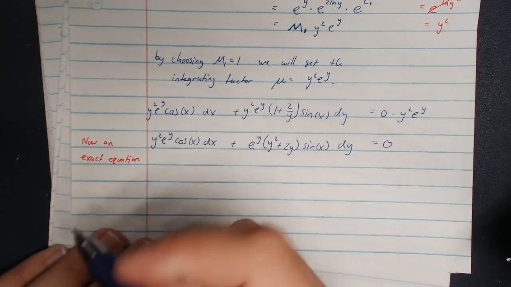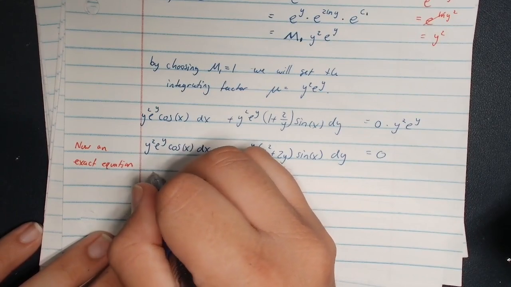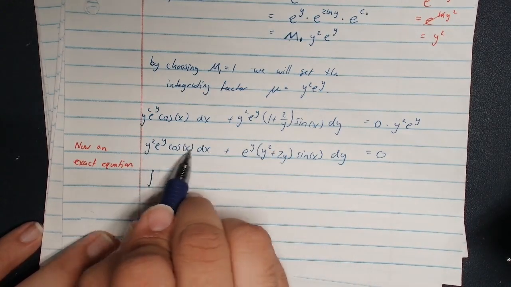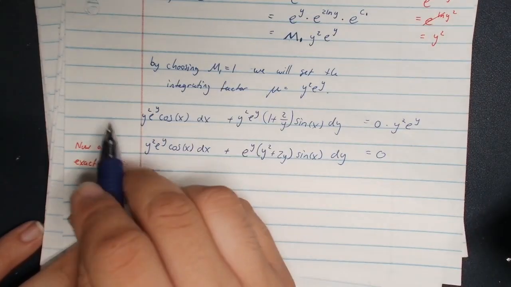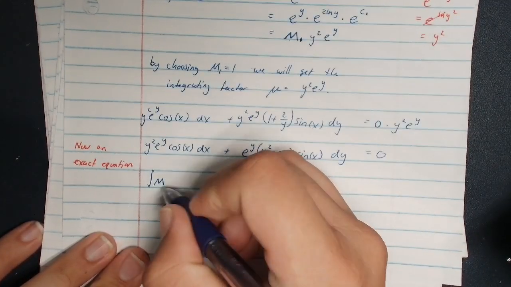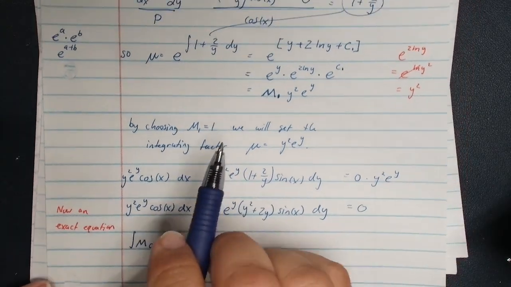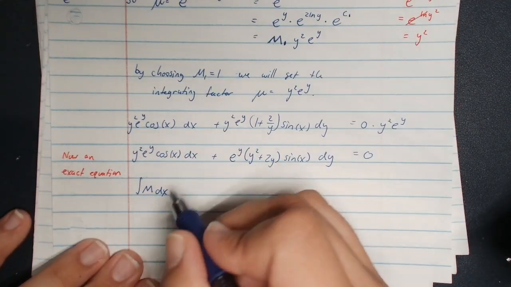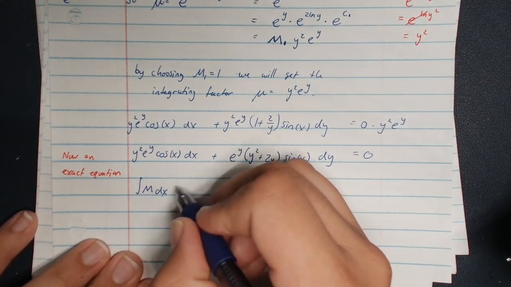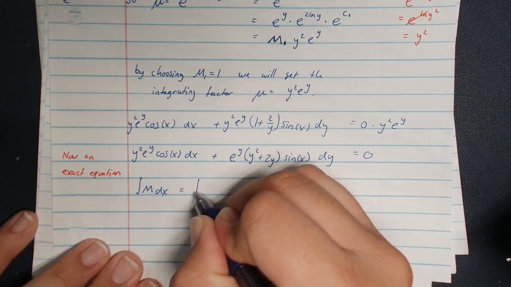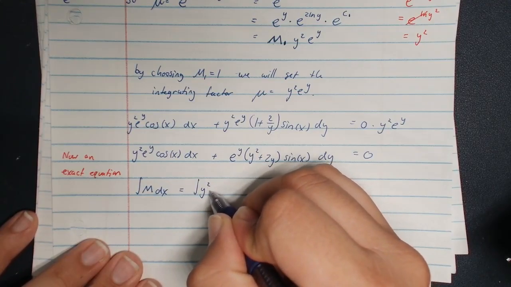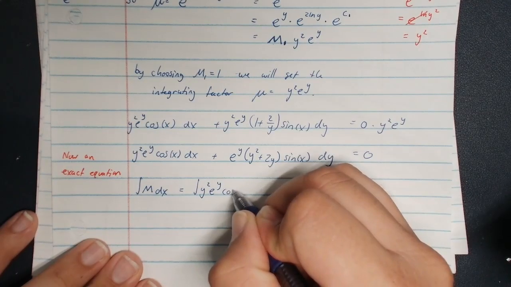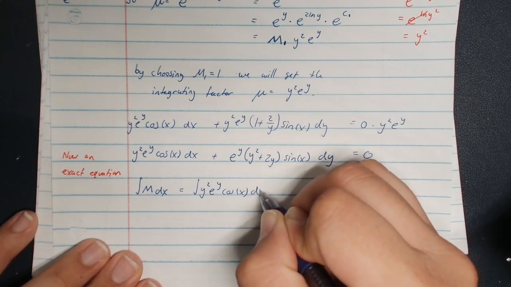So finally, we can go ahead and solve here. Let me take my integral of my m, and I can't call it m now because this is exact. Integral of m dx. Oh, now I'm extra glad I called this m1. Otherwise, I'd be using the same symbol here. So the integral of m dx, which is to say the integral of y squared e to the y cosine of x dx.